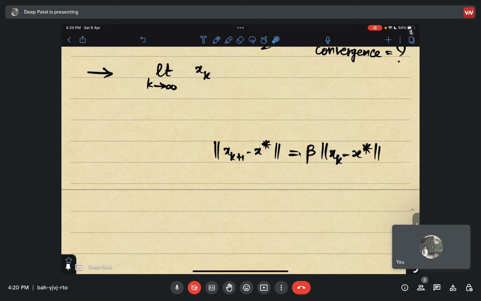When I take these steps xk, I just take a ratio of this. I just roughly want to characterize this constant beta.